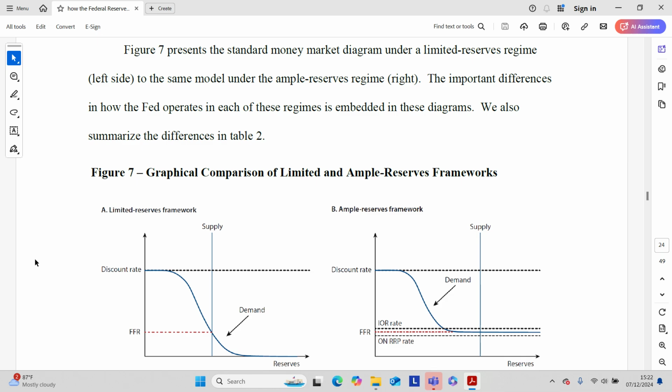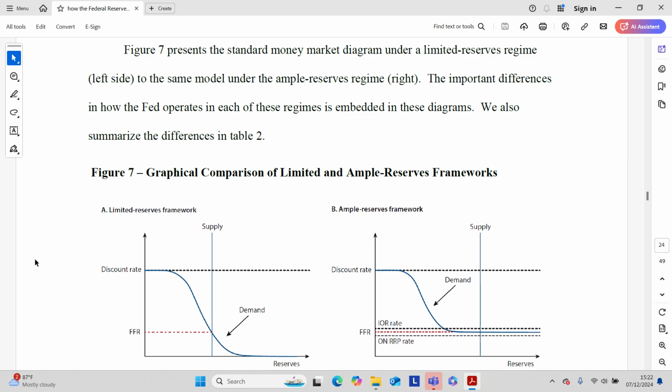The left is the limited reserve framework. As you can see, if the reserve is higher, then the cross between the supply and the demand curve would make the FFR lower.